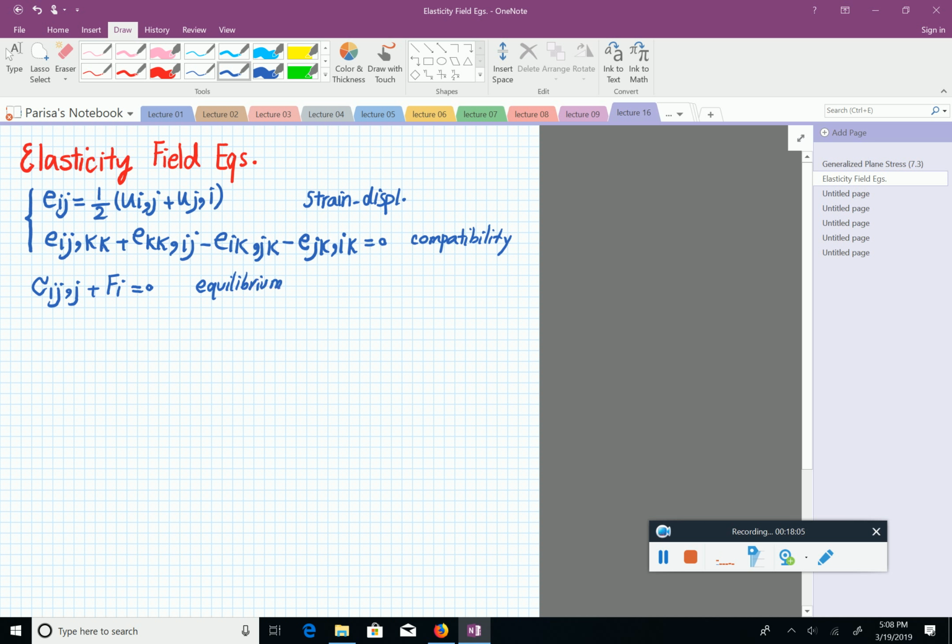And you may have seen that I graded homework number 4. There were a number of people who, when they expanded the equilibrium equation, made mistakes. So when you have j, it's summing up. So just please try not to make mistakes. And then we had Hooke's law, right?